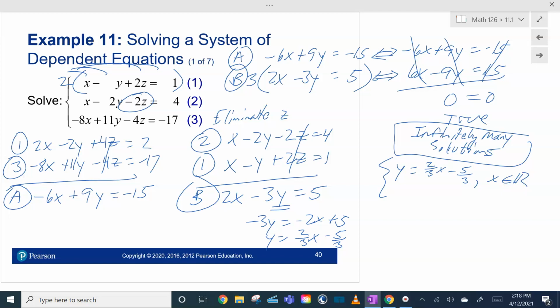And then what I'm going to do is plug that y equals 2/3 x minus 5/3 into equation 1. Sorry, I'm kind of running out of room. x minus y plus 2z equals 1. So x minus y, plug y in.